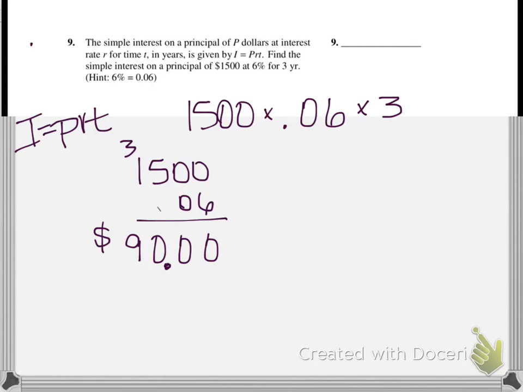And then finally we have to multiply that by 3 years. So that's going to give me 0, 0, 0, and 3 times 9 is 27. 2 decimal places. So it looks like our answer is going to be $270.